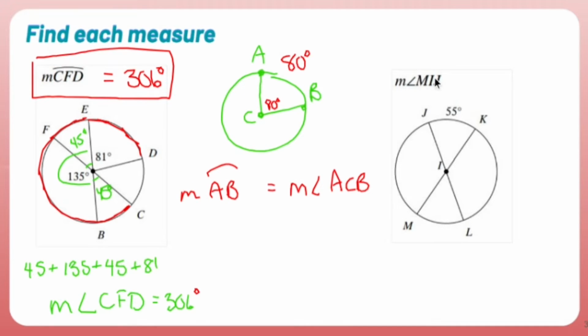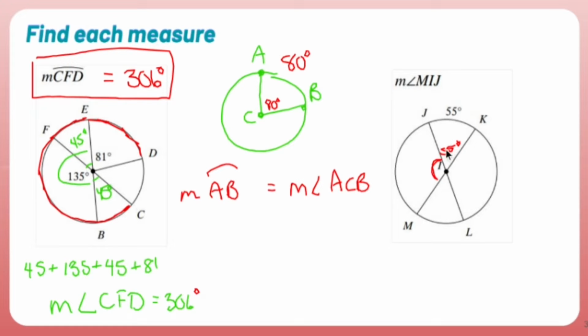Let's see if this one's a little bit more friendly. The measure of angle MIJ. MIJ is this angle right here. I don't have any angle measurements. I have this arc measurement, and arc JK is 55, which means its central angle, JIK, is also 55.